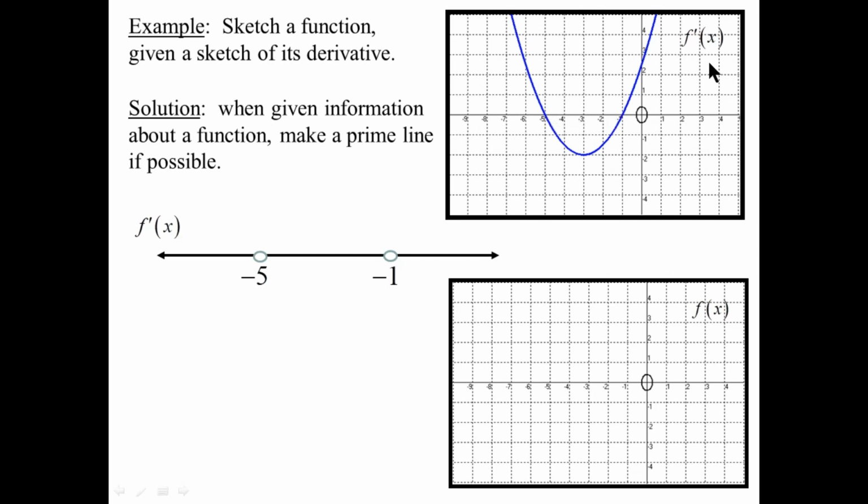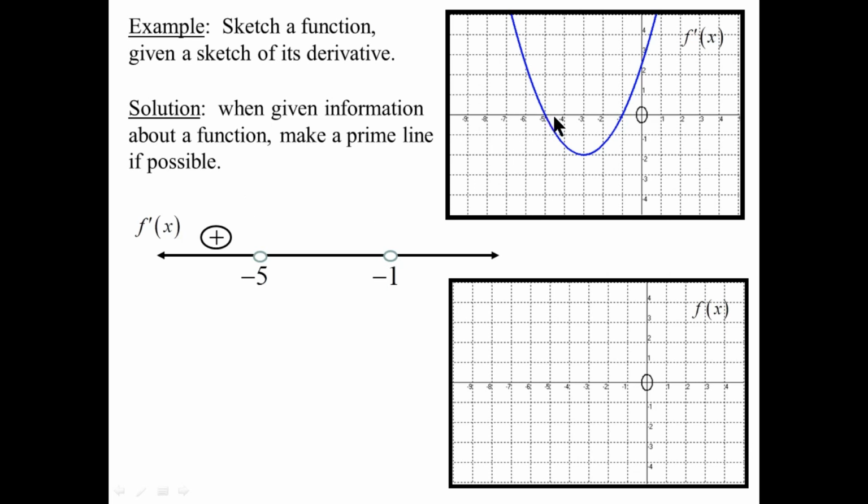Now looking at this derivative, we can see that all the y values on the blue line to the left of -5 are above this axis, and so they're all positive. All these y values are positive. So everything to the left of -5, f prime of x, they're all positive.